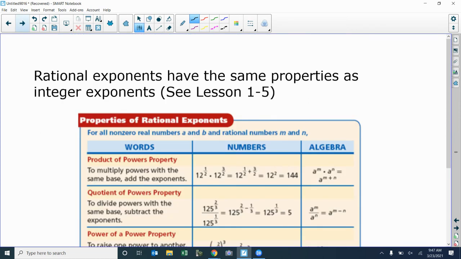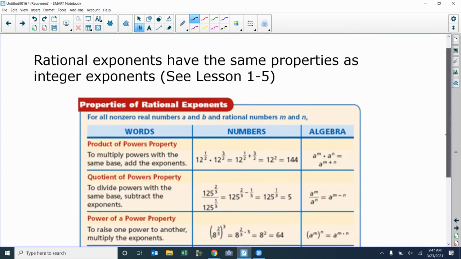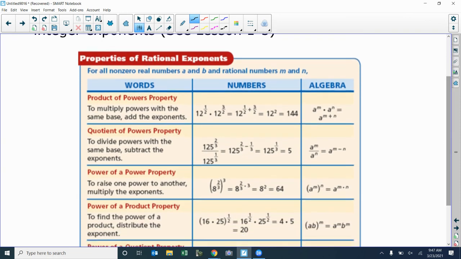Okay, so as I was expressing to you a second ago, all these properties hold true, the power, okay? The quotient, remember if we had x to the third divided by x to the second, we could say x to the third minus 2 and end up with x to the first. Or some of you can think about canceling.